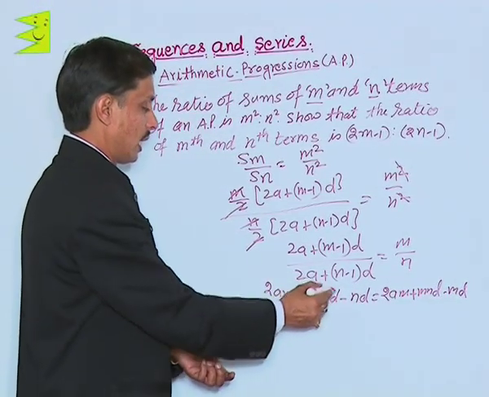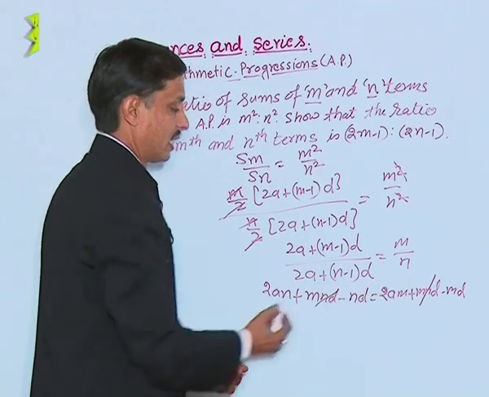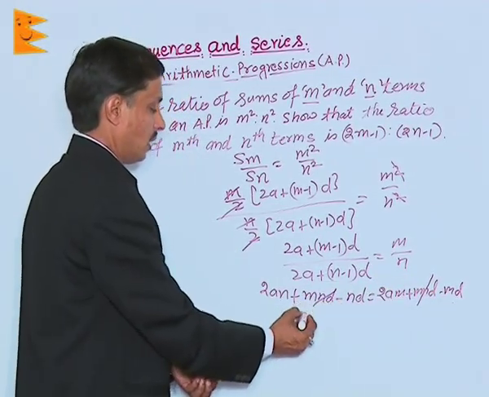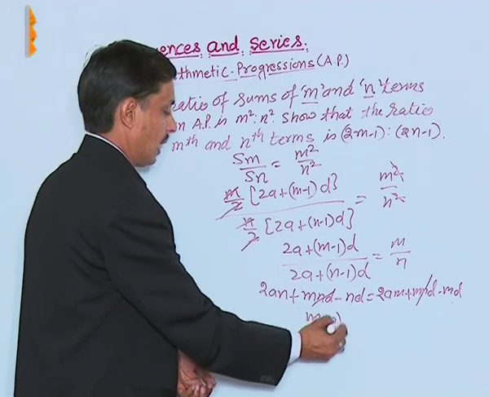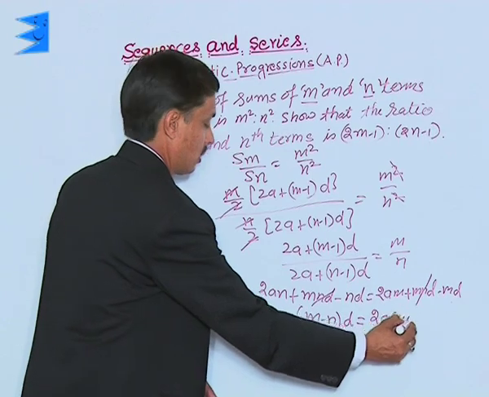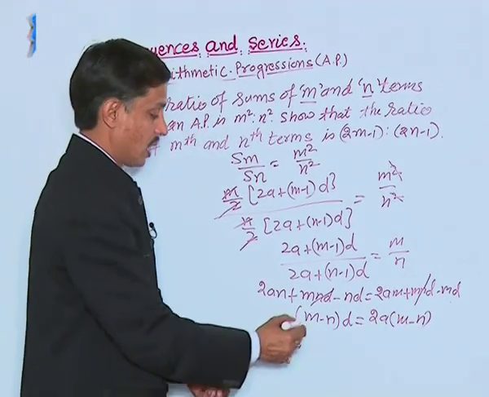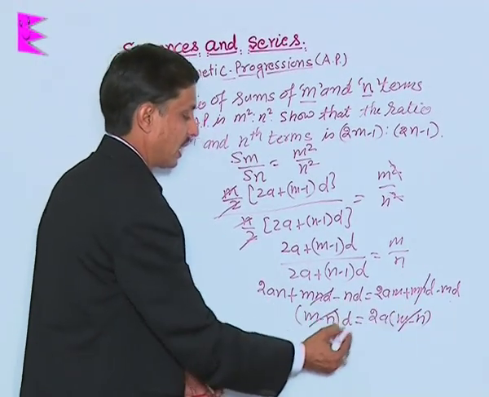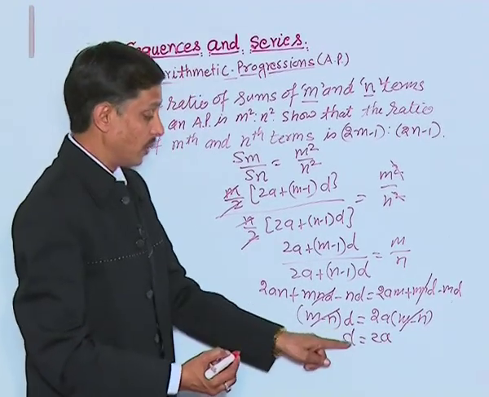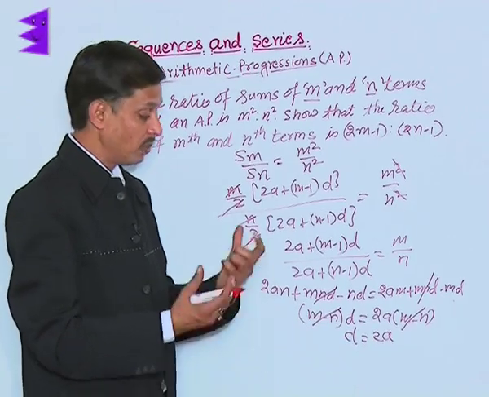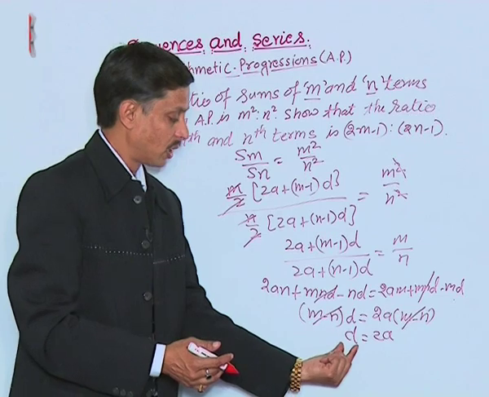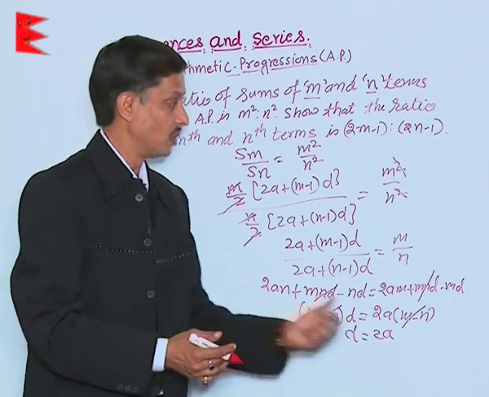By doing this, mnd positive on both sides gets cancelled, and if minus md is transferred, I will get m minus n into d is equals to 2a into m minus n common. M minus n gets cancelled, this becomes d is equal to 2a. If d is equals to 2a, meaning by what? That the common difference is double of a.